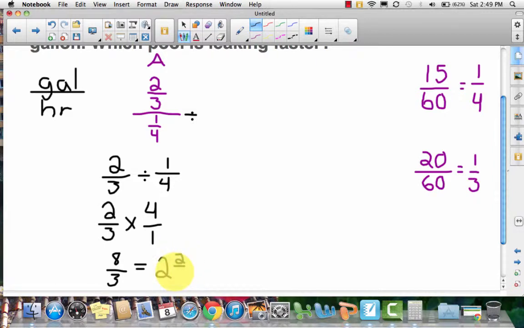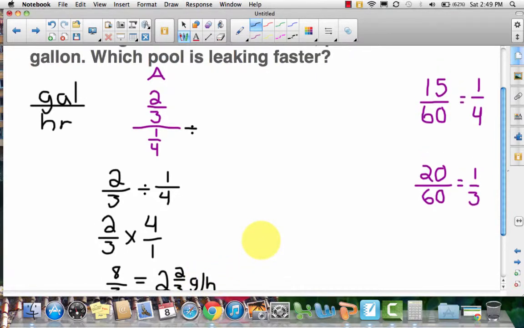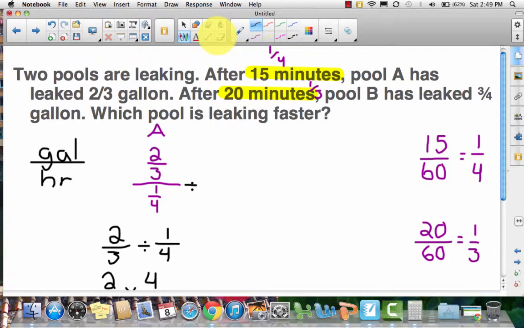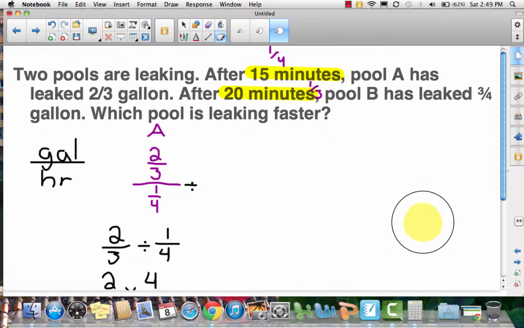So pool A is leaking at 2 2/3 gallons per hour. We have to see now if pool B is leaking at a faster rate or a slower rate. So very quickly, I'm just going to get rid of this so I have some more space.